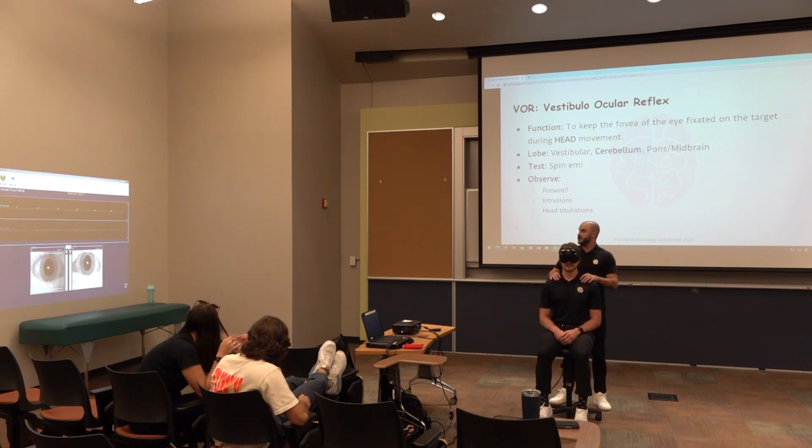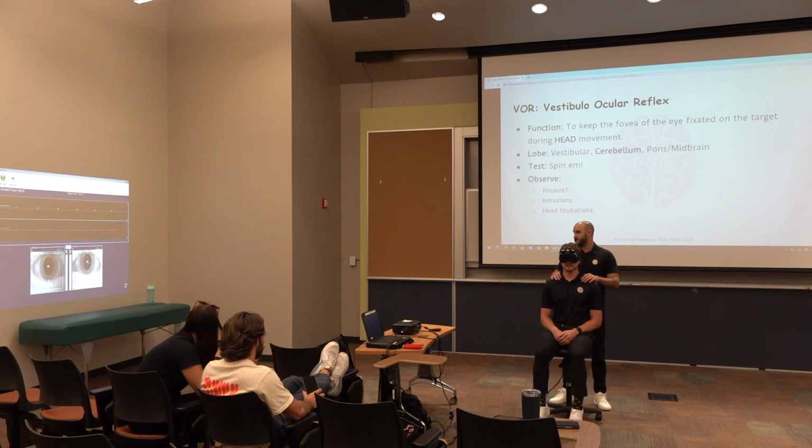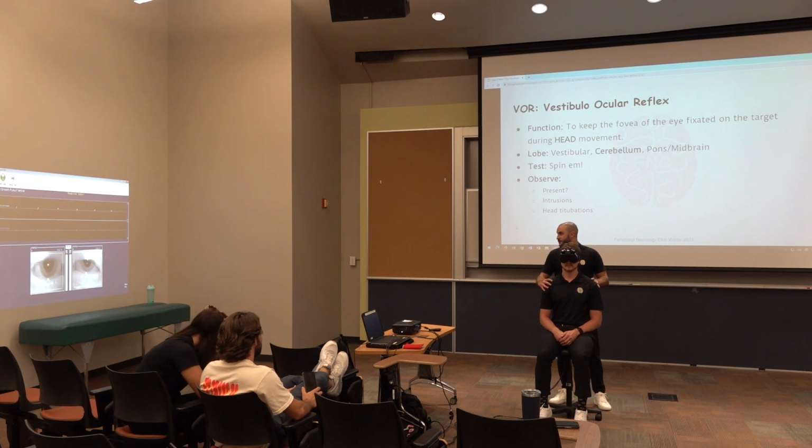So when I spin him, what is being activated? The vestibular system. Great. We have different canals that do different things. Which canal am I going to activate if I rotate him to the right? The right horizontal. Great. Ready?